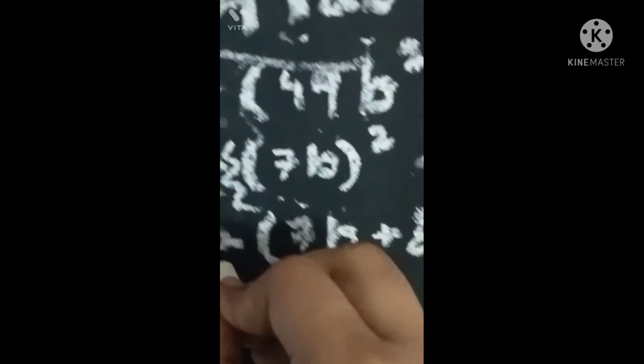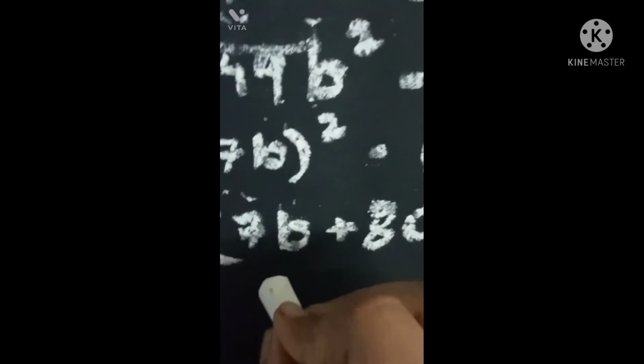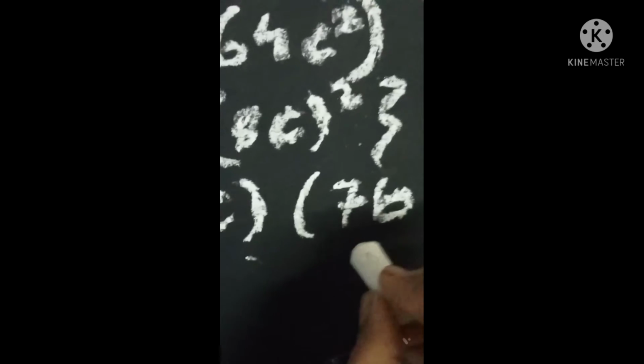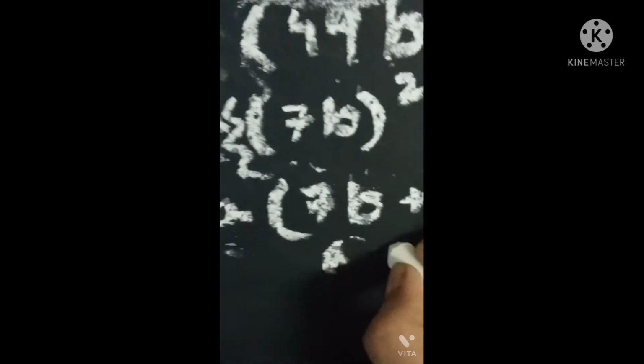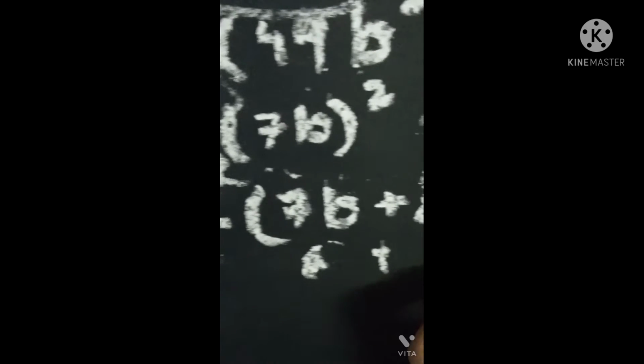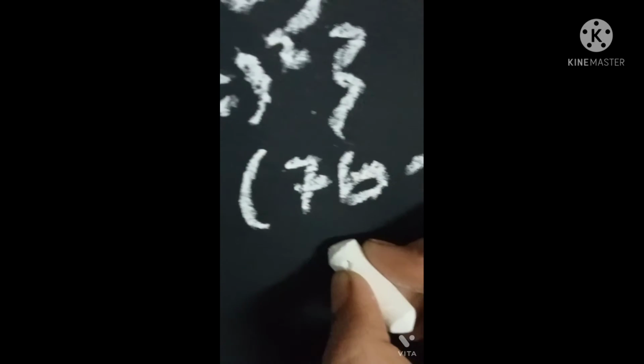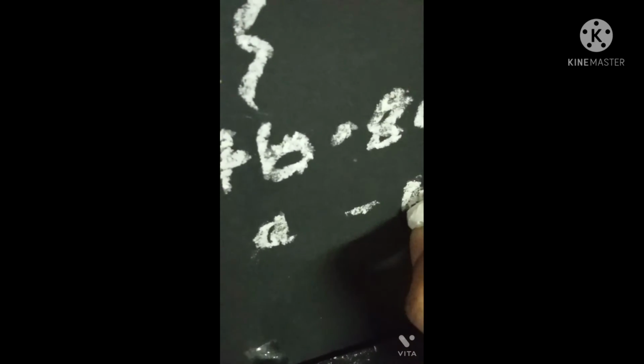What is coming then? A is gone outside, and then a plus b into a minus b. So the rule is coming that a plus b into a minus b.